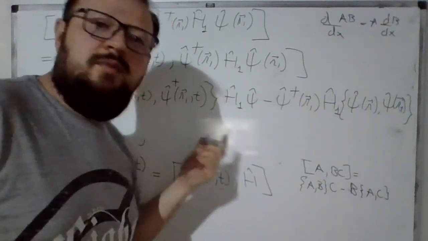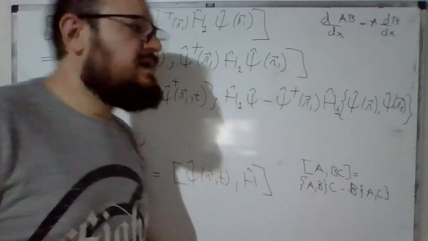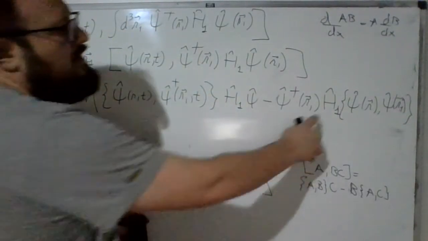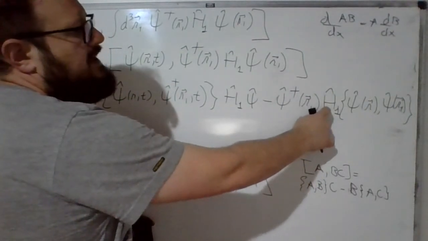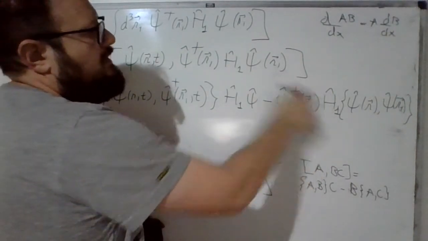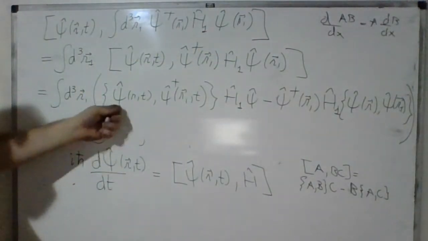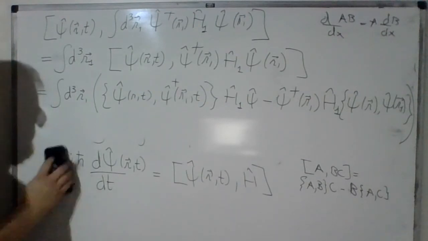I can pull it in front of everything, so I can use this fact. I can just place the Hamiltonian for one particle in front of this anti-commutator, and I can close here. So I have this thing here.